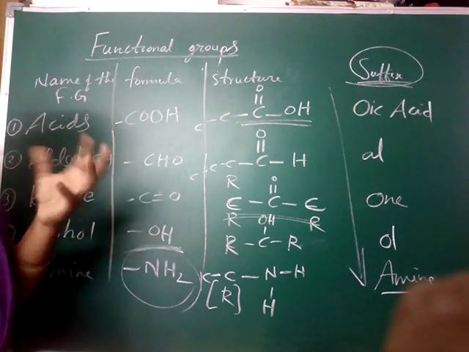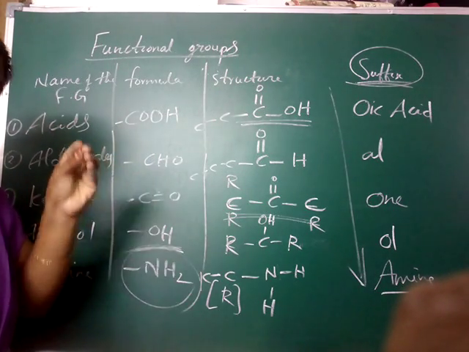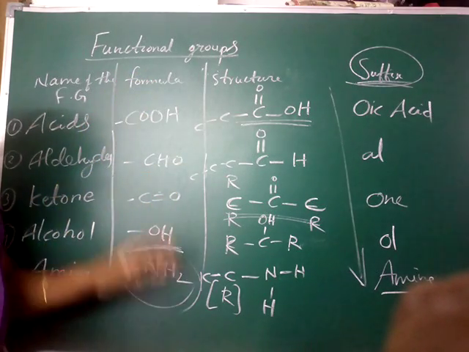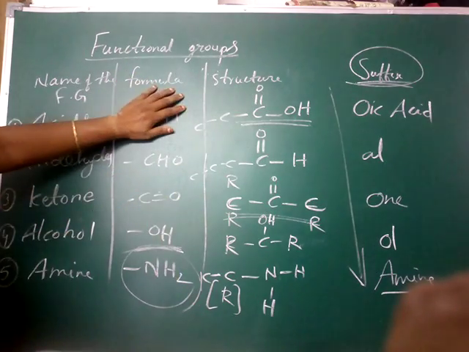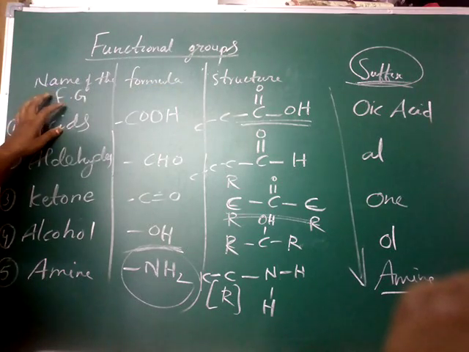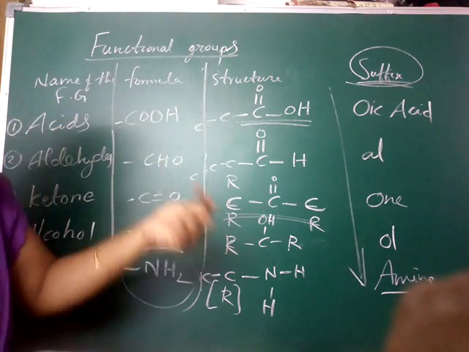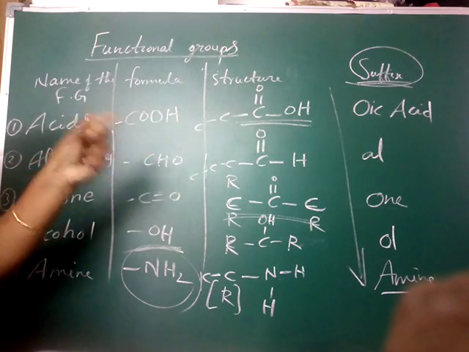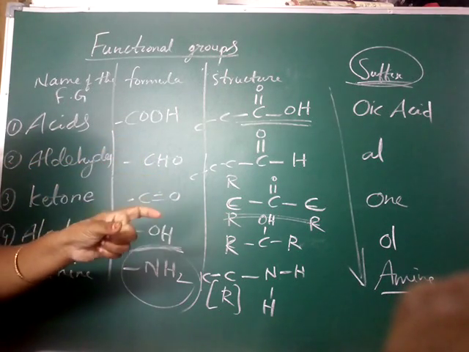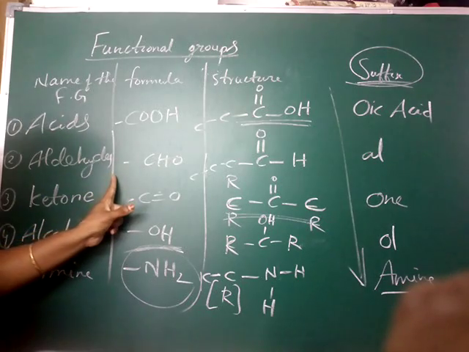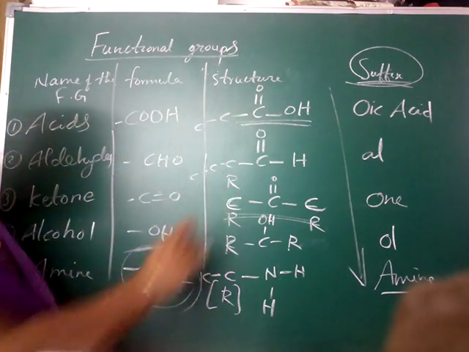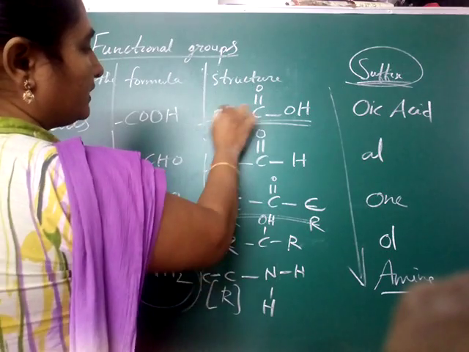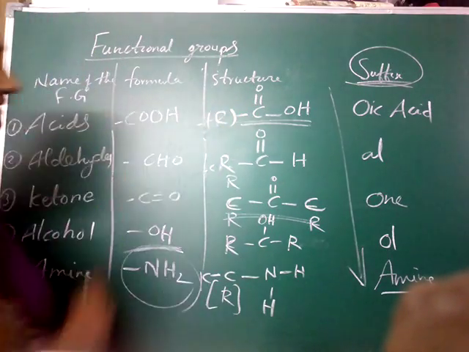The characteristic property of an organic compound depends upon this group of atoms only. If the COOH group is present, then those are called acids, which we use in our daily life. If there is a CHO group on a carbon of an organic compound, then those are called aldehydes. Here R is present, meaning the alkyl group.